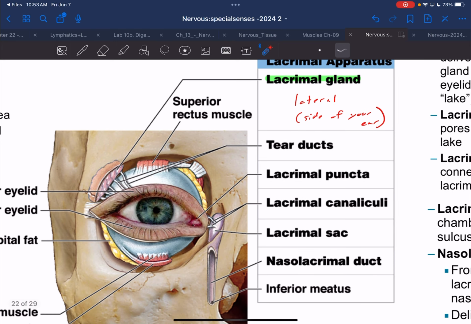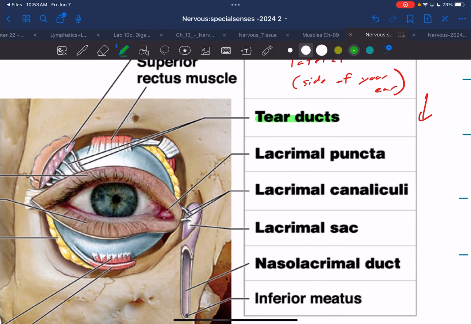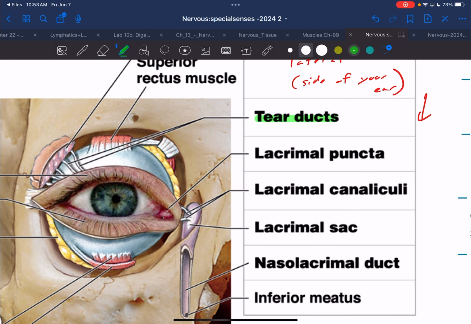And then it drains in this direction through the tear ducts. Those tears make their way through at oblique angles. All the tears, that's what keeps your eye lubricated. And when you cry really hard, that's where they come from as well. And then they go into this space here.